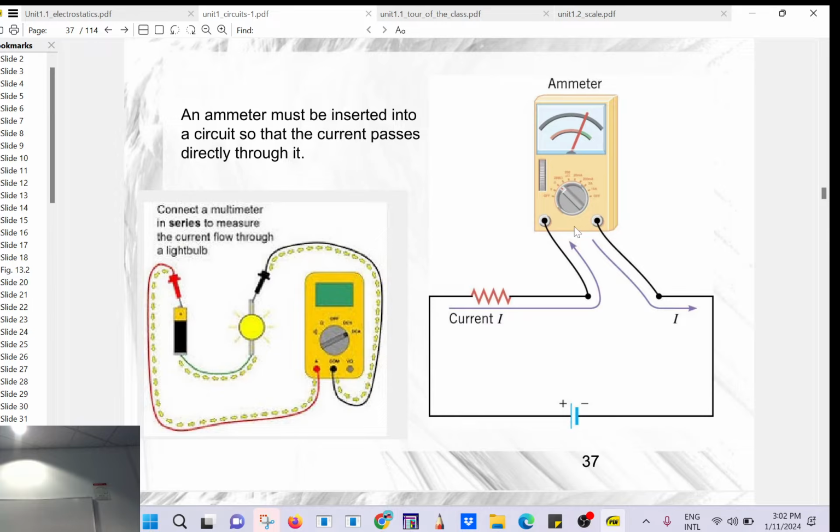That will be called a short. That will be very bad because you fry your device. Do you understand? So if you want to measure voltage, it has to be in voltage. It cannot be in current. Otherwise, you make a short.